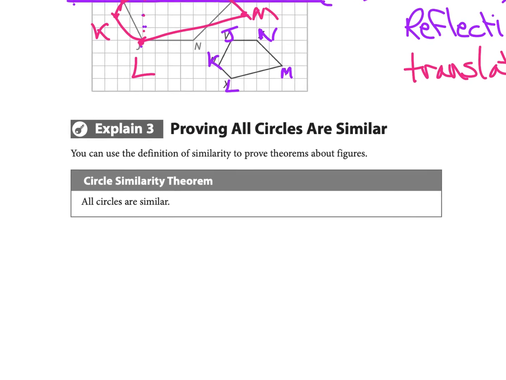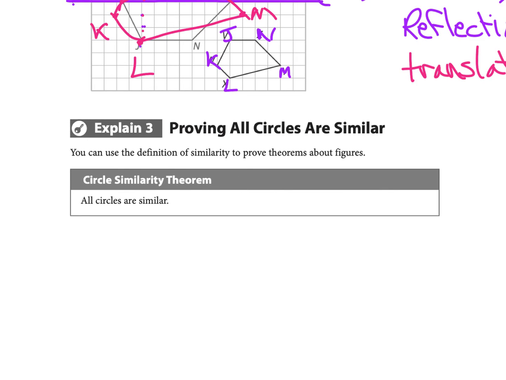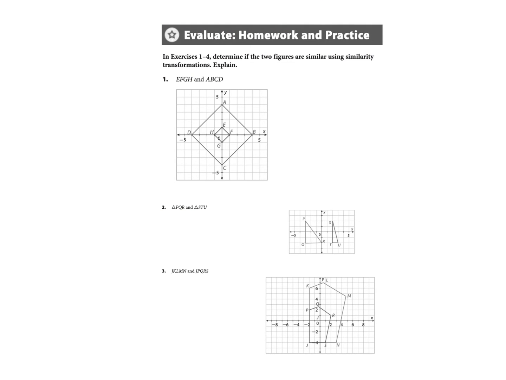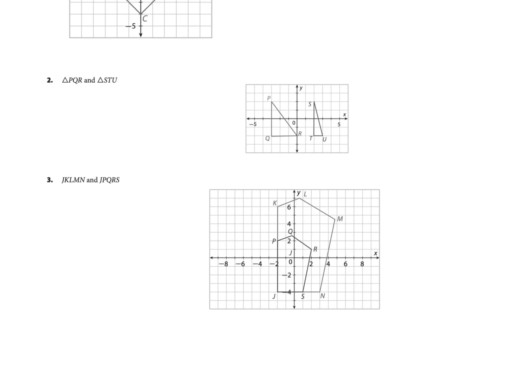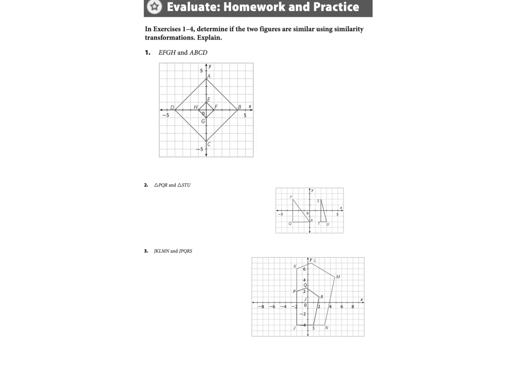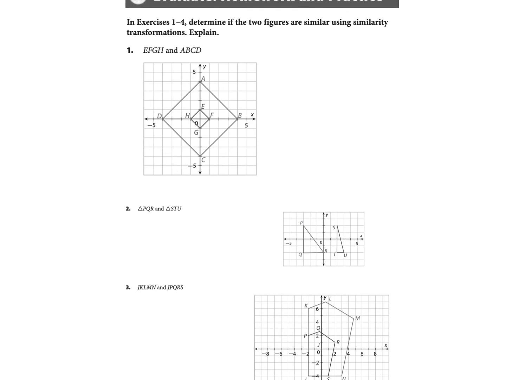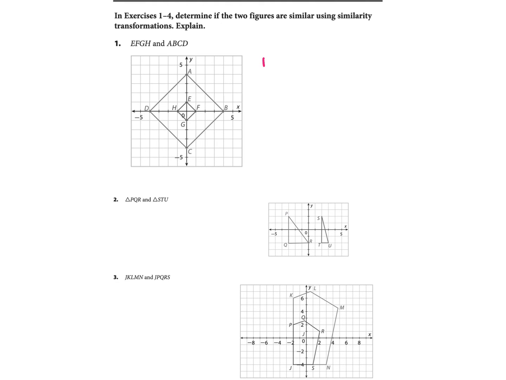Proving all circles are similar. We're not going to prove it. Just know it. All circles are similar. And that is it. Let me make sure none of these problems are with you to help out maybe a little bit. This one is a straight dilation. You're not going to need to do anything to it but a dilation.